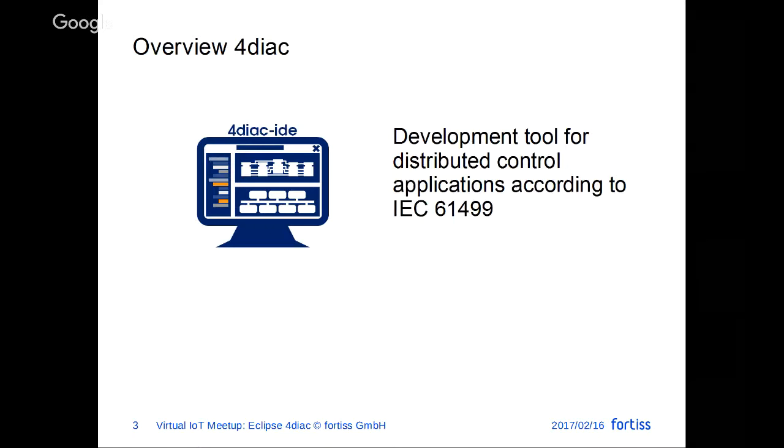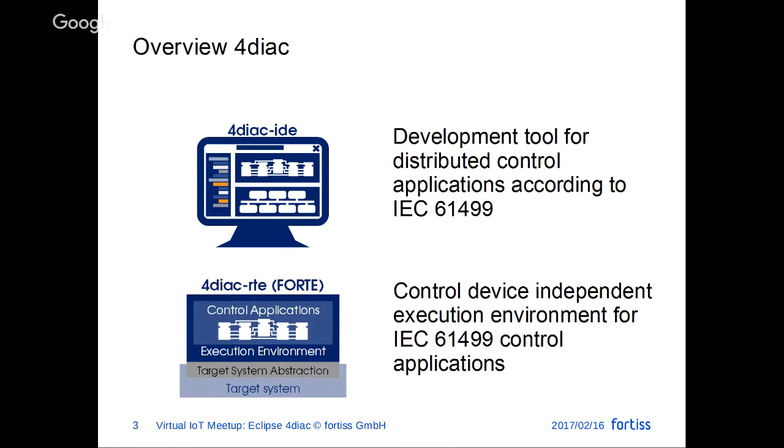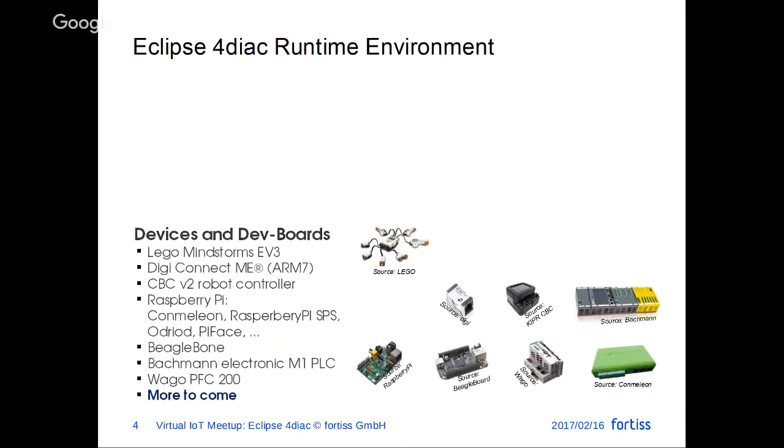And the second main component of 4diac is the 4diac runtime environment, which we call Forte. This runtime environment helps us to execute our models on all the different control devices. And we are currently already supporting quite a bunch of devices.